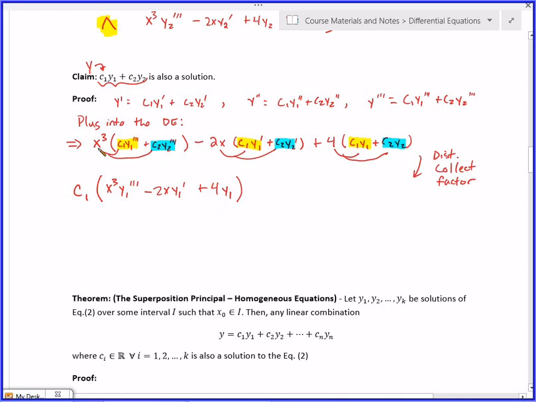Now I do the same thing, take the x cubed, put it inside here, but pull the C2 out. And you've got x cubed y2 triple prime minus 2x y2 prime plus 4y2.